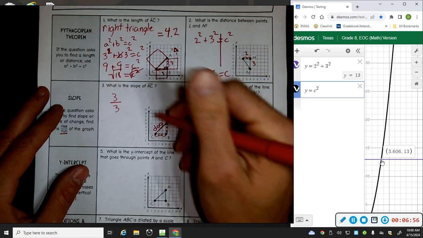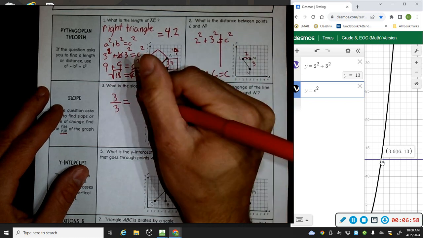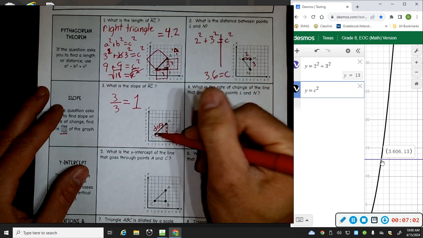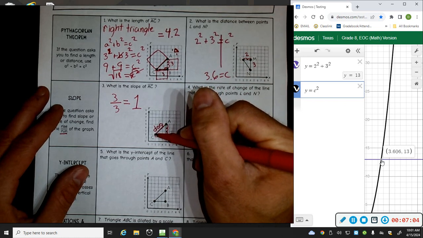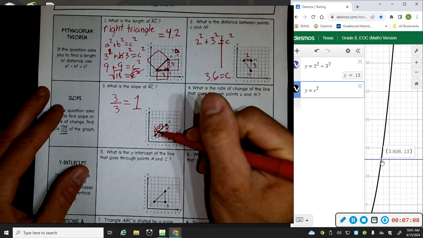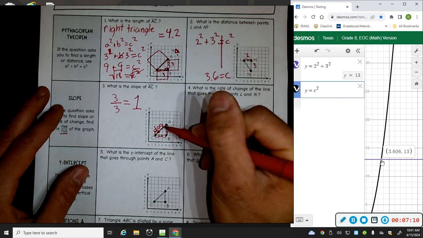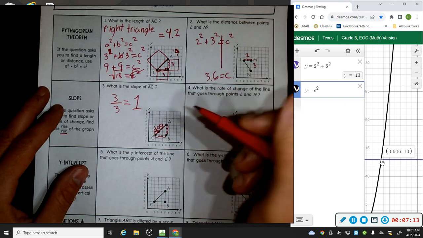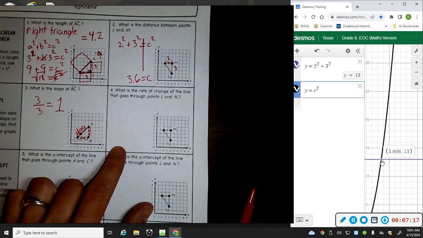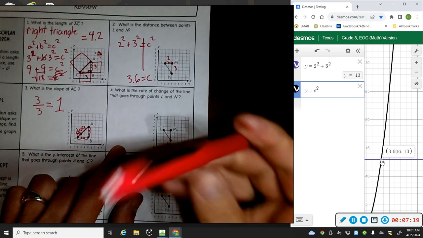And so we have a slope of 3 over 3, which reduces to 1 over 1, or a slope of 1. Of course I kind of counted that back. You could count 1, 1. There's a slope of 1. We're getting from our intersection point to an intersection point on our line. So this is a slope of 1. Very simple problem.